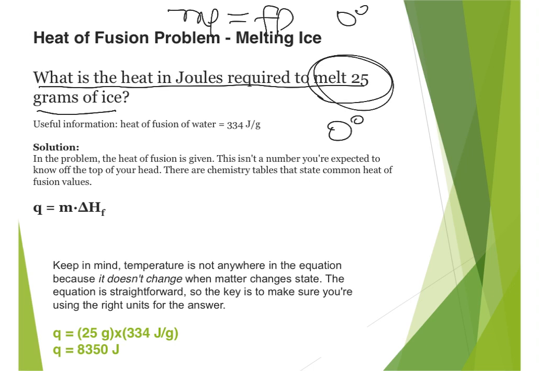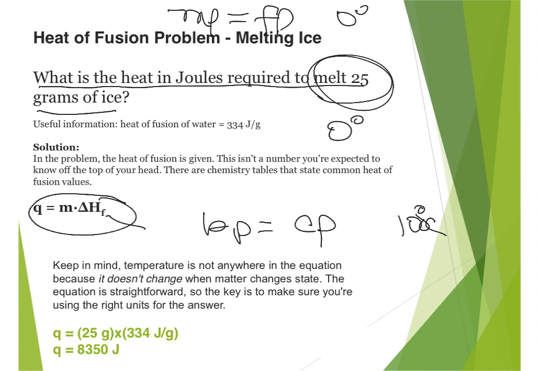And the boiling point equals the condensing point for water too, and that's 100 degrees. All right. So we're talking about melting, and for any phase change, you cannot use mcΔT because there's no change in temperature. So here's what we're using. And remember that F stands for fusion, which is the same as melting. This is the equation we're using.